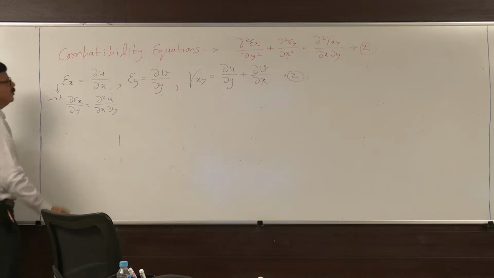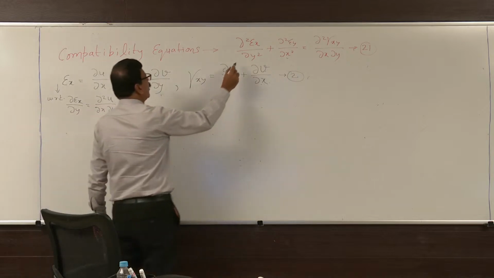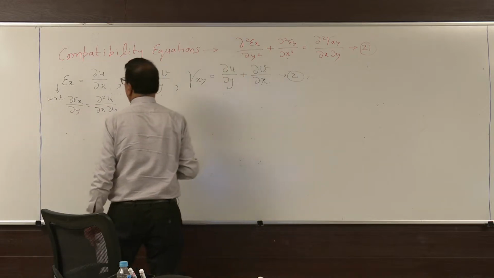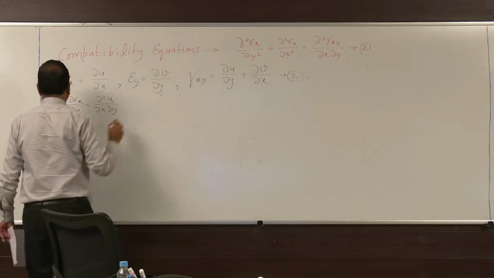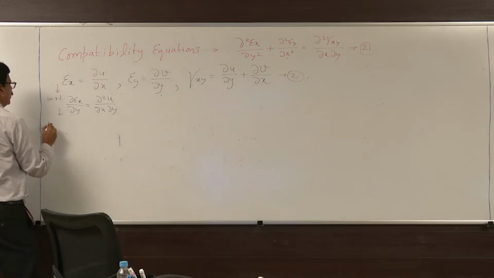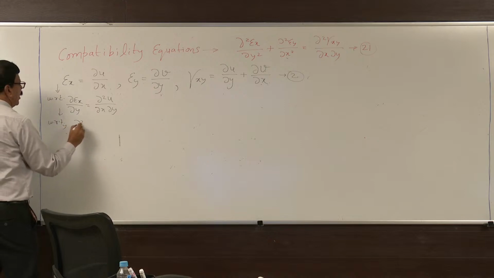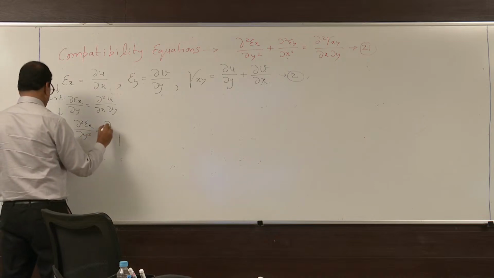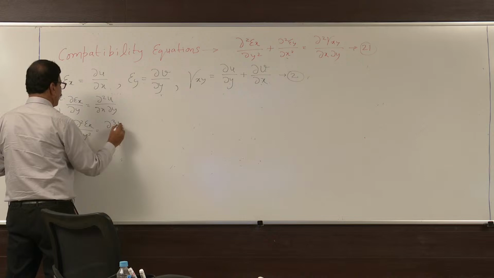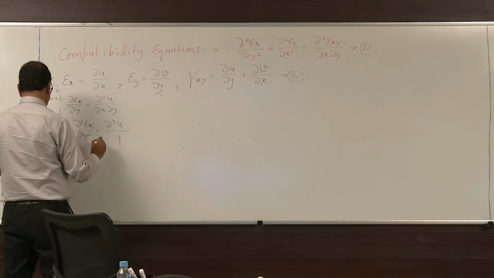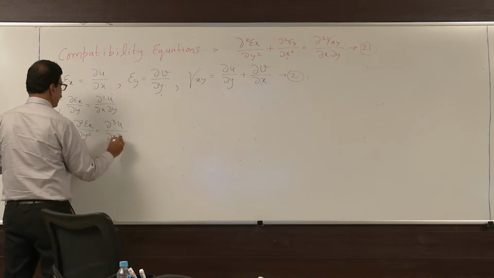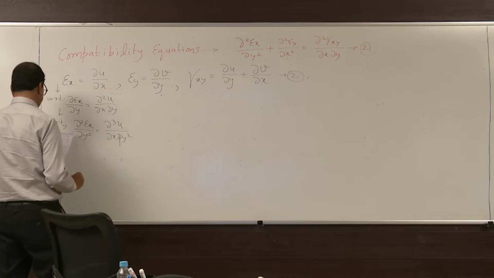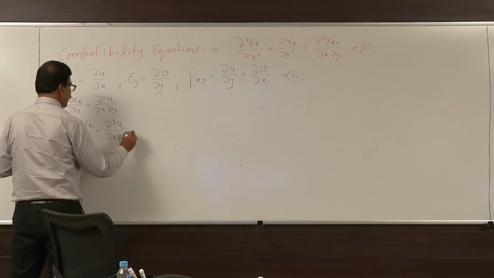We require one more differentiation, so again differentiate with respect to y. Del square Ex upon del y square is equal to del cube u upon del x del y square. Say this is 1.